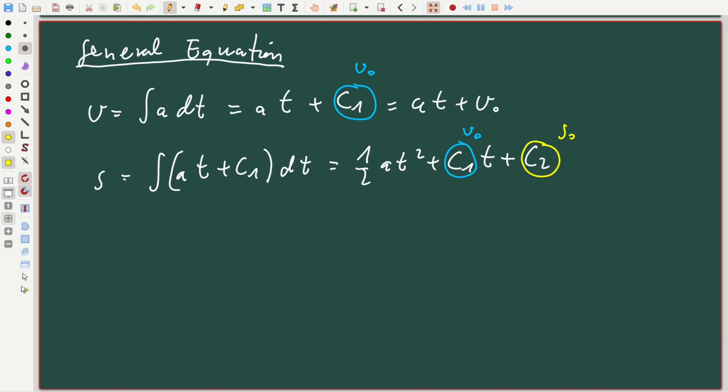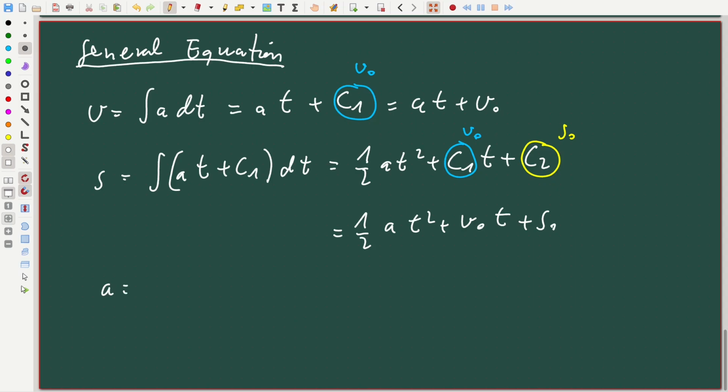So now at the end, when we write this down, this is nothing else than 1/2 a t square plus v0 t plus s0. So these are actually also the two important equations that describe the motion of any object.